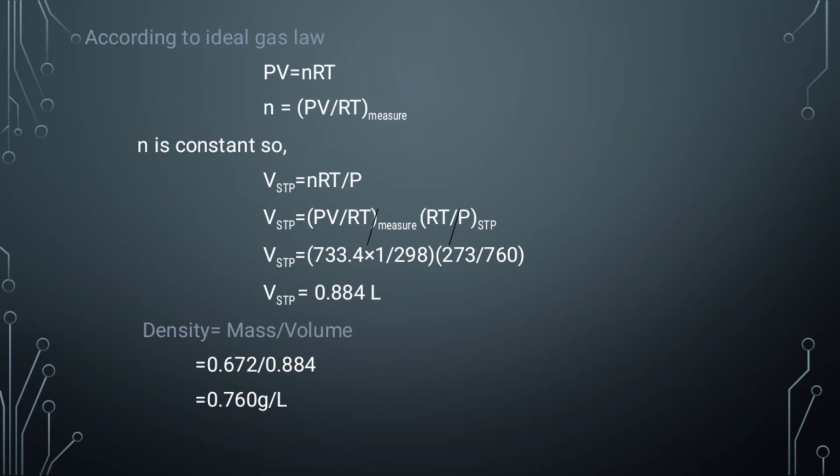So V = 0.884 liter. So density is equal to mass over volume. D = 0.672/0.884, and we get D = 0.760 gram per liter.